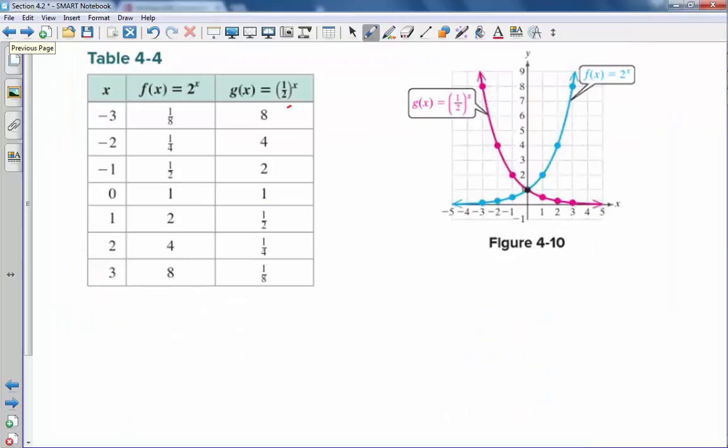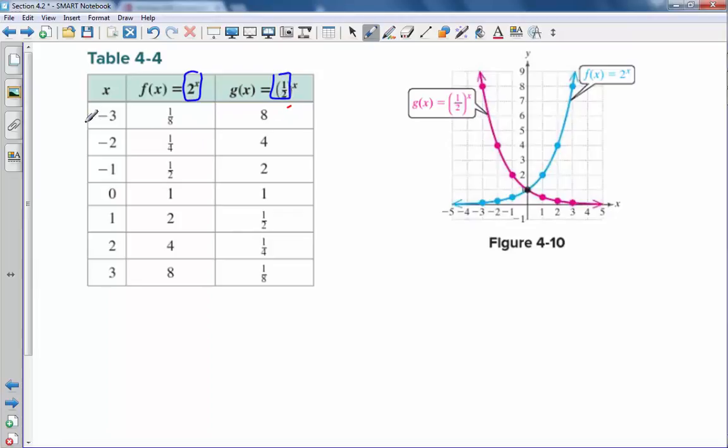Alright, the first thing we're going to do is take a look at their pictures. We have an example of 2 different exponential functions here. The first one is 2 raised to the power x. The other one is 1 over 2 raised to the power x. What's the difference? 2 is considered to be a big number. Anything more than 1 is considered big. 1 over 2, less than 1, is considered small.